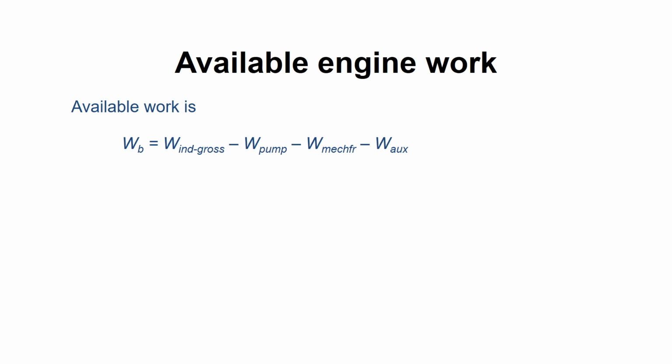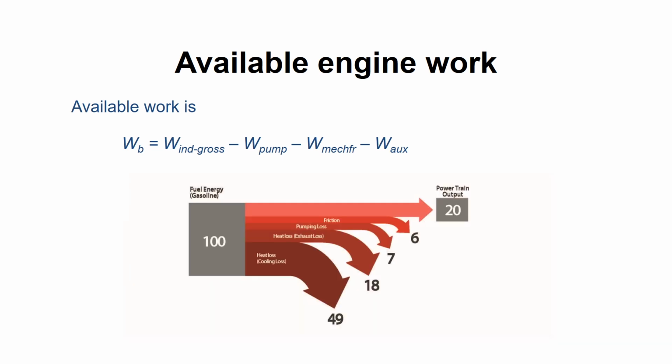In this course, we are mostly considering brake work, since this is what we use in the powertrain, the work we can use for vehicle propulsion. If you make an estimate of where the energy is going, you may get a diagram like this. If 100 units of fuel is supplied to an engine, most of it is lost to cooling of the engine and as hot exhaust gases.